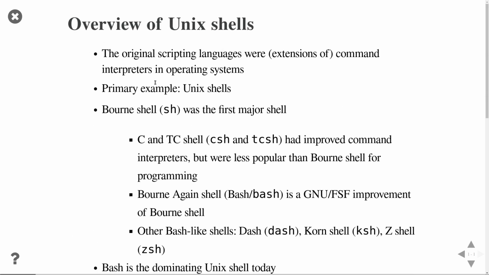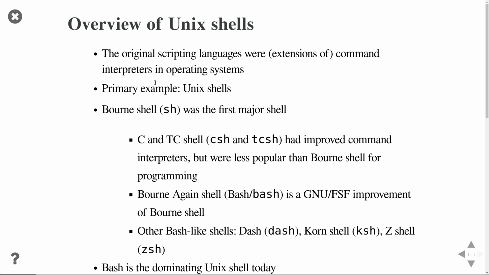Before we start with bash programming, I want to give you an overview of the Unix shells that are out there. Bash is just an example of a Unix shell. The scripting languages that we have nowadays, like Python and Perl, most of them actually originate from more or less interpreters in operating systems.